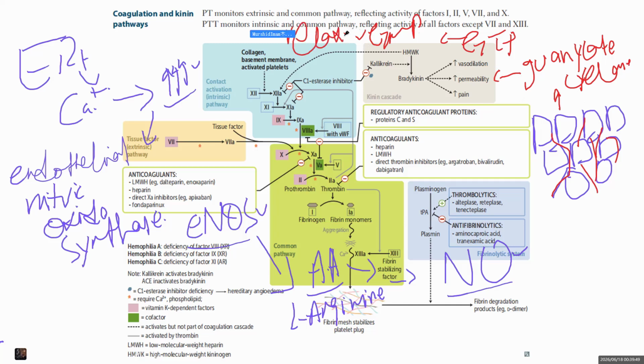Now the smooth muscles start getting relaxed. When the smooth muscles, with the help of this cGMP, get relaxed, the blood vessel also widens. Okay, and this widening of the blood vessel is known as vasodilation.